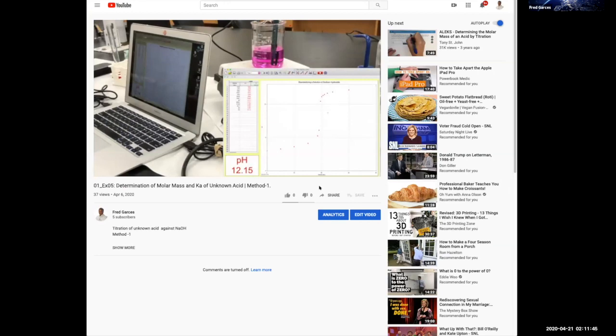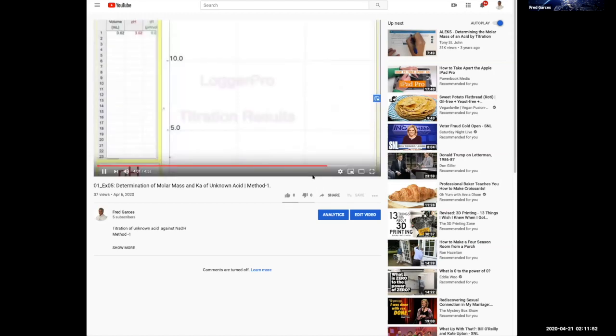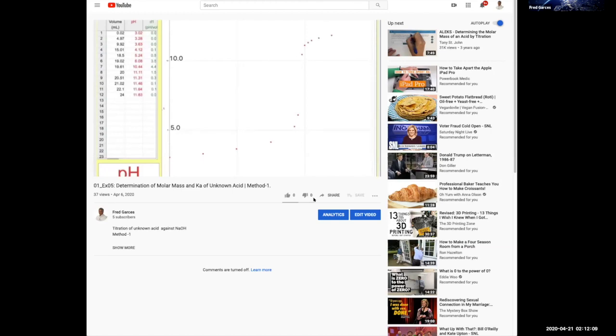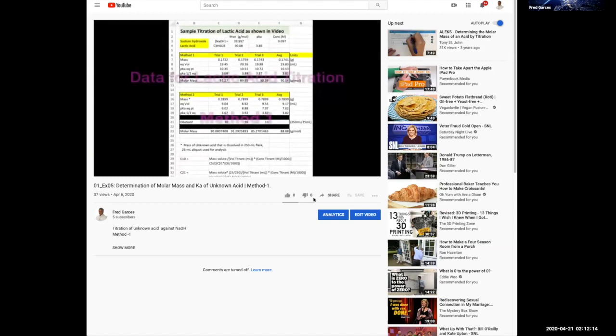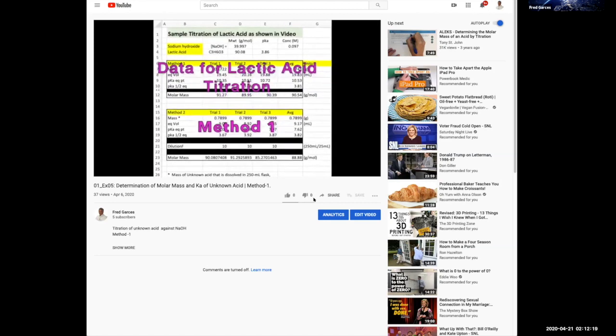Throughout, at key points, I show you some important data like the volume at the equivalence point, the pH at the equivalence point, and this right here is the simulation of Logger Pro for that particular analysis. So Logger Pro has a way of recording what was done, and you can just do replay. So that's the data, that's the calculation for this particular lab.